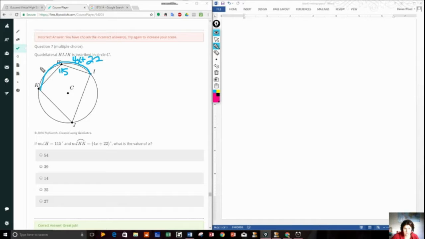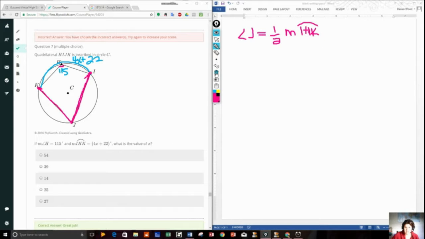Okay, well, we know that the inscribed angle that cuts off arc IHK, angle J, is going to equal 1/2 of the measure of IHK.